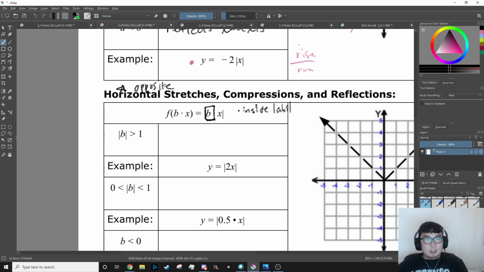If the absolute value of b is greater than 1, then it is actually a horizontal compression. I believe it's so. And let me check my work because I gave you an example right here.